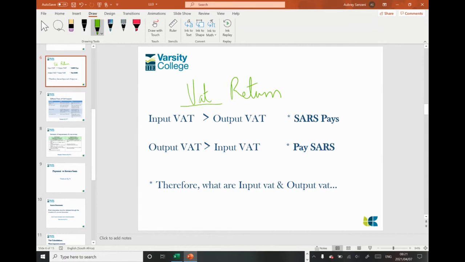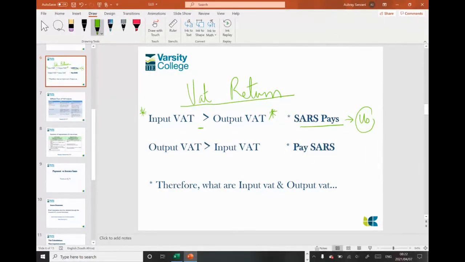With our VAT return, if our input VAT is greater than our output VAT, then SARS has to pay us. And when I say us, I mean the business or the VAT vendor.